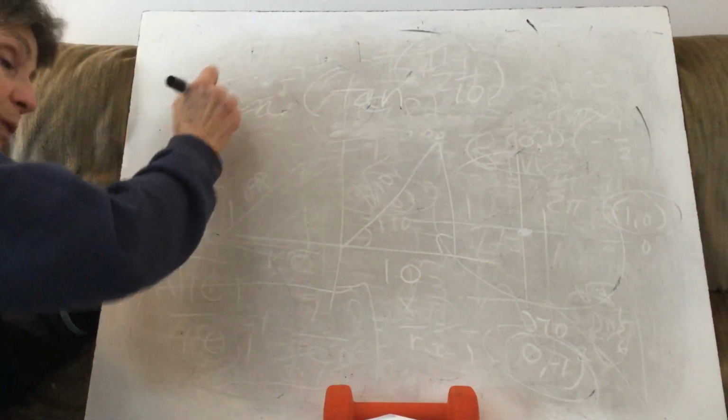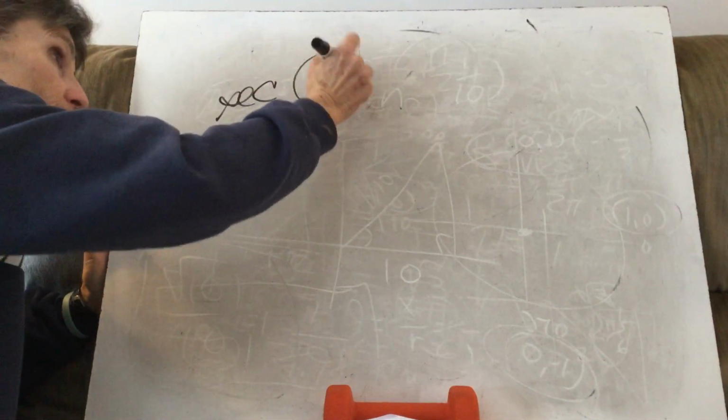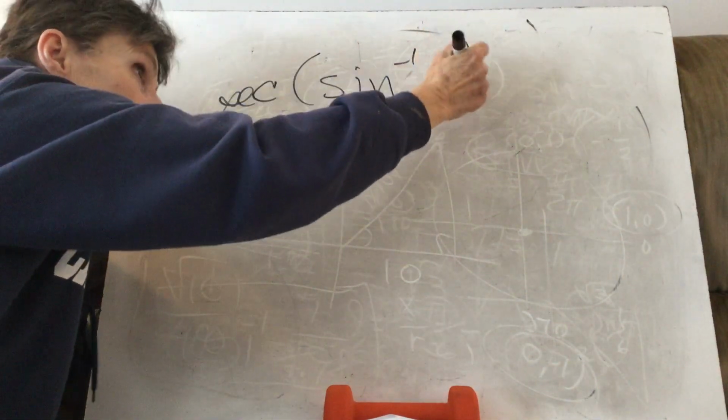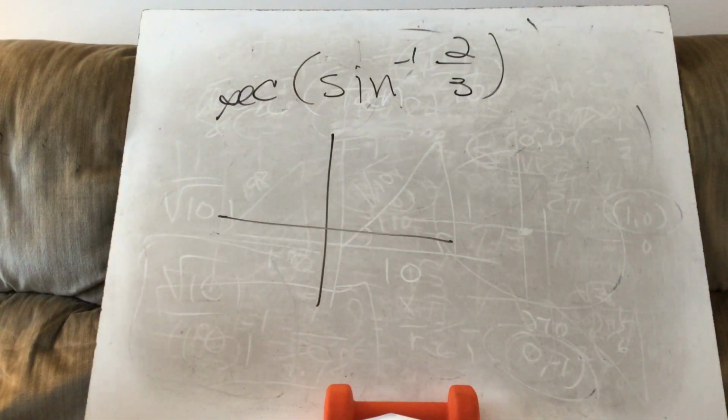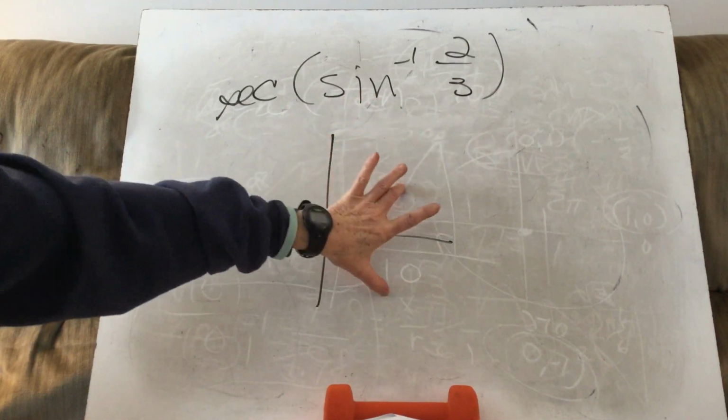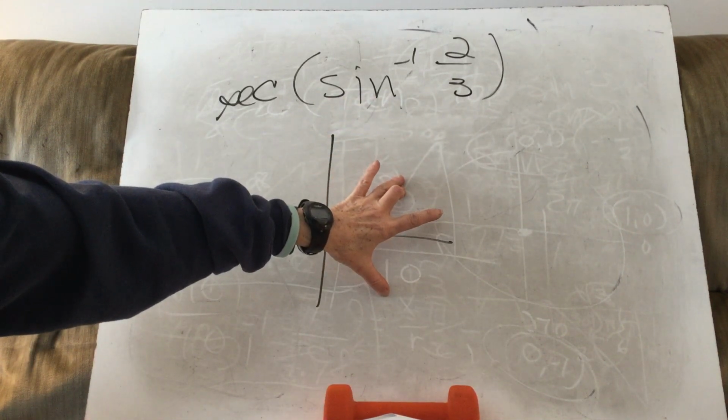All right, so the next one, draw a picture of what's in the parentheses. So my pink sheet tells me that inverse sines are either in quadrant 1 or 4.